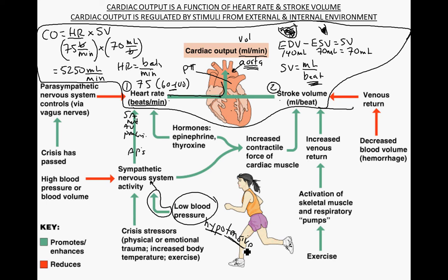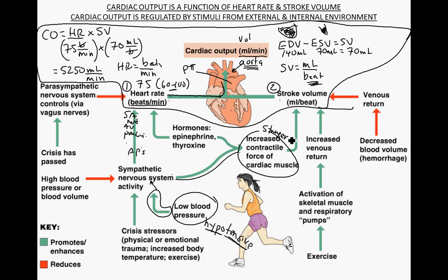Interesting thing here, this low blood pressure will stimulate this sympathetic nervous system, and that sympathetic nervous system also will affect the stroke volume. So what happens with the sympathetic nervous system, it signals the myocardium to depolarize faster over here, but over here it increases the contractile force of the cardiac muscles. So the myocardium beats stronger, right, with more force.